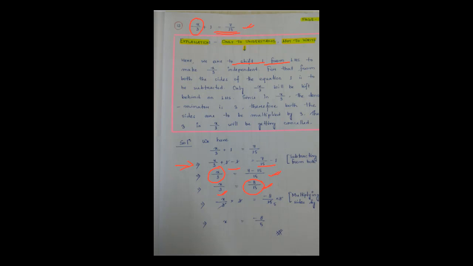So in the next step we have to remove 3 from the denominator part of x by 3. So how can we remove this? Both the sides should be multiplied by 3. When both the sides are multiplied by 3, this 3 got cancelled, and on the other side minus 8 by 15, that means minus 8 by 15 into 3.